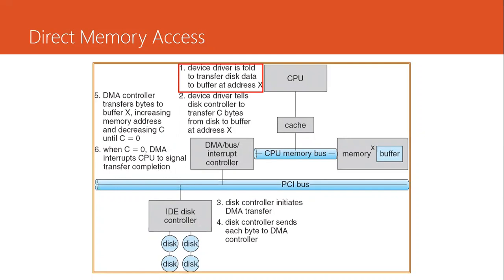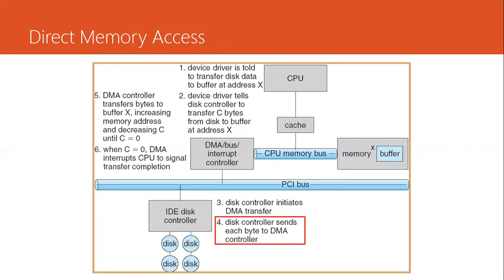The device driver then goes ahead and programs the disk and the DMA controller, saying, okay, these are the blocks that are required, and here is the address of the buffer. You should put the data in, and here are the number of required bytes. The disk controller then initiates the DMA transfer after it moves the head of the disk to the proper place.